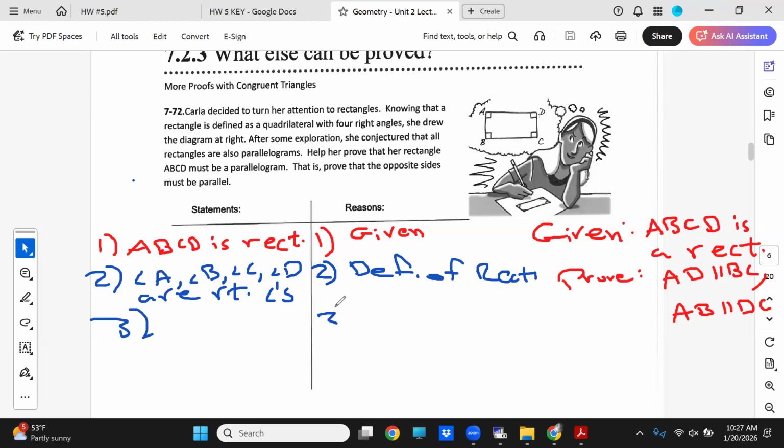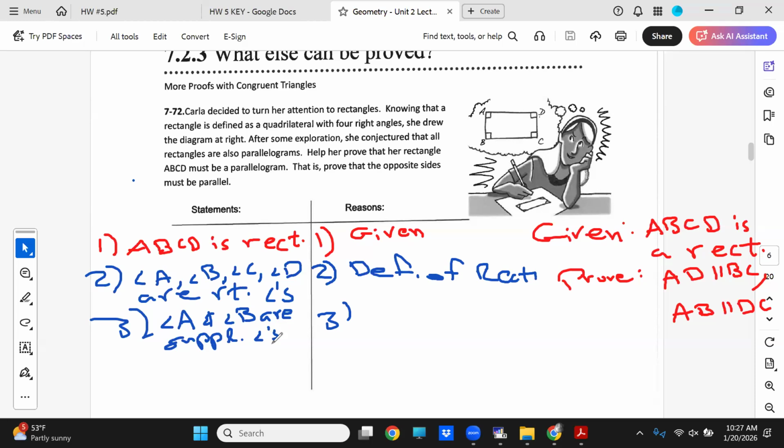Now here's the deal. Angle A and angle B are supplementary angles. You guys remember what supplementary means? Add to 180.